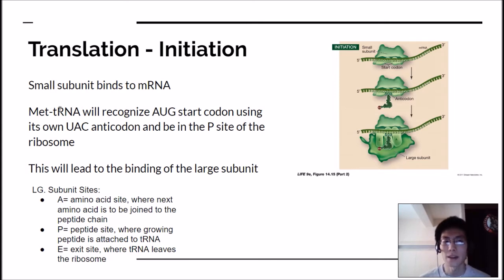And the tRNA with the methionine connected to it will recognize the AUG site with its anticodon, the UAC anticodon, to the AUG codon. Keep those terms separate. And it attaches via the P site again. So there are 3 different sites on the large subunit of the ribosome.